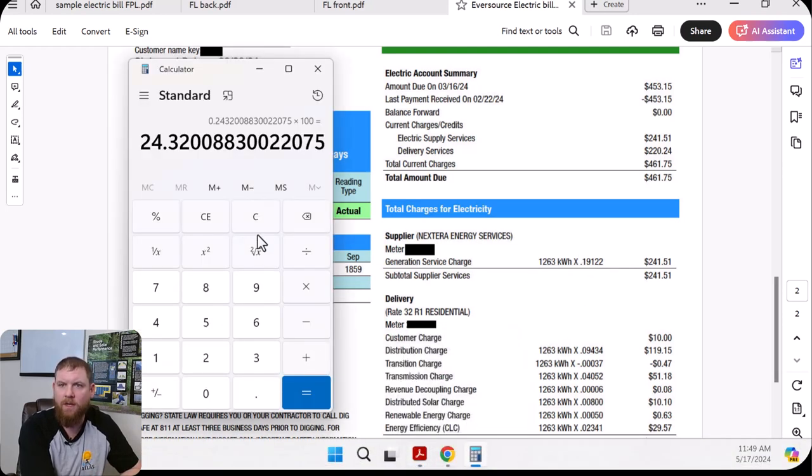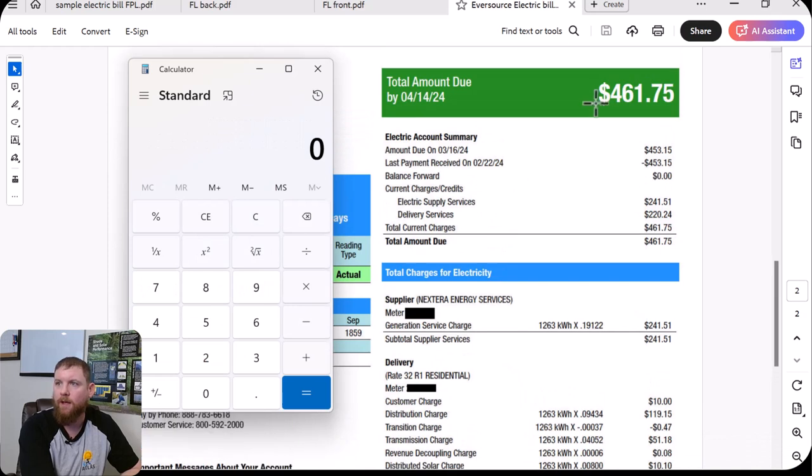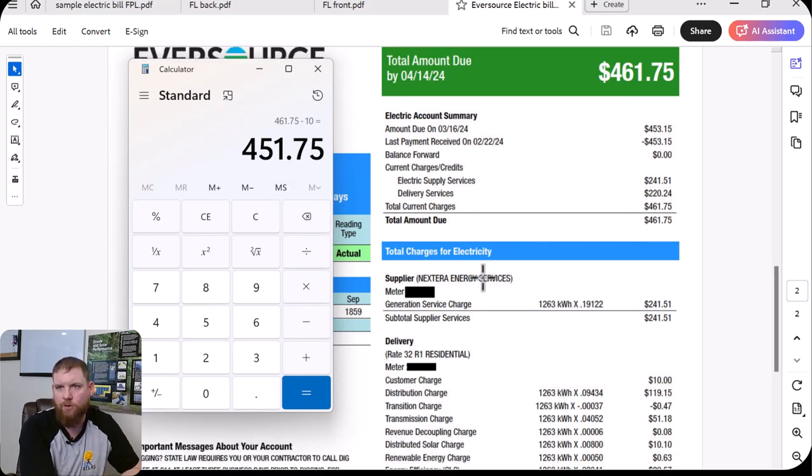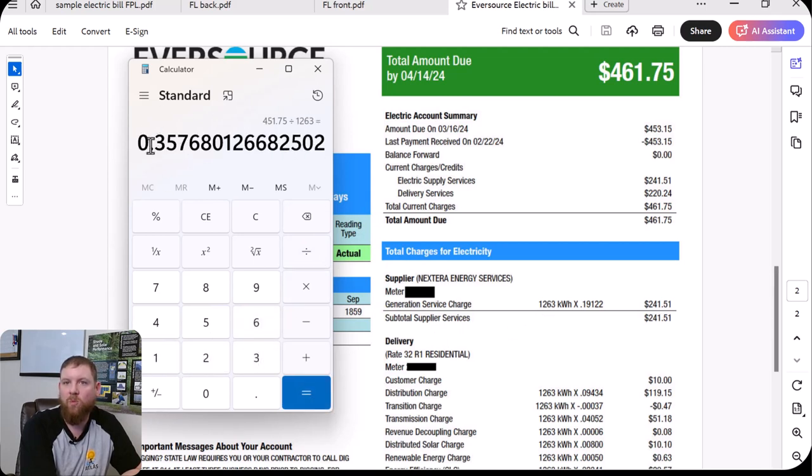So what we're going to do here is take this 461.75, and we're going to subtract this $10 customer charge from it. That gives us 451.75. Basic math here. Then we're going to take this 451.75 and divide that by 1263, giving us a total of $0.35.